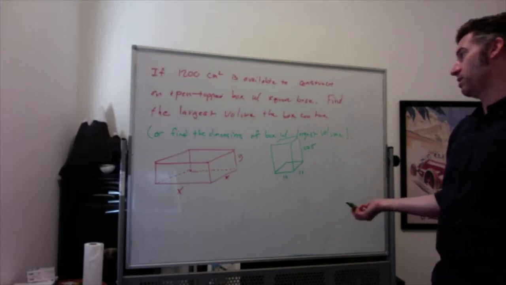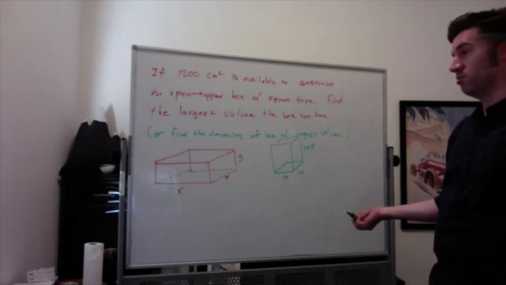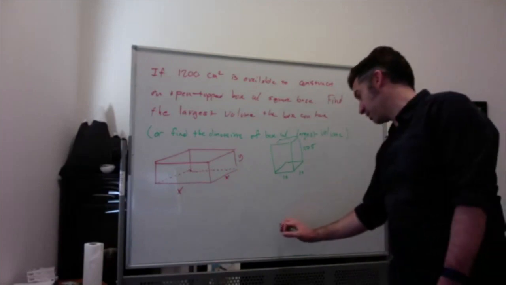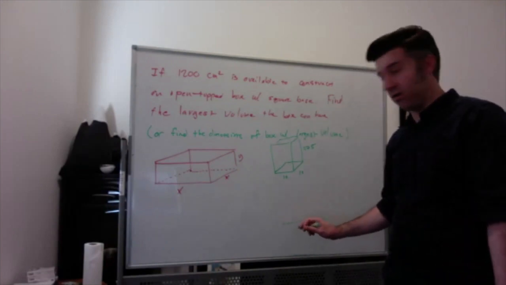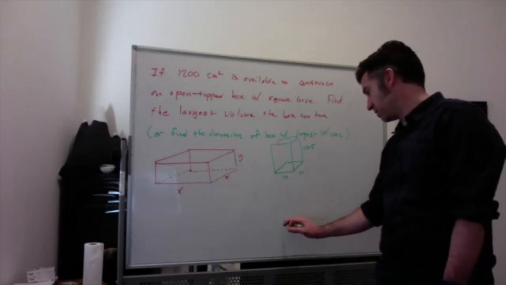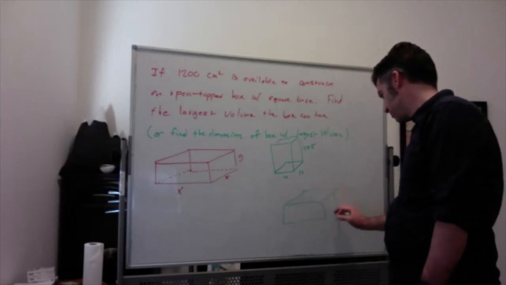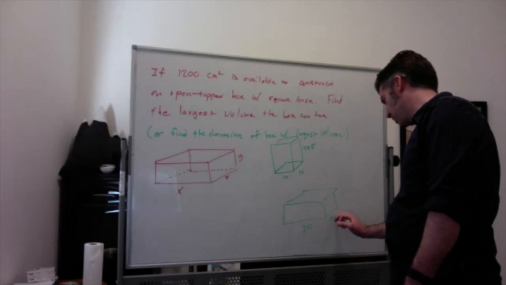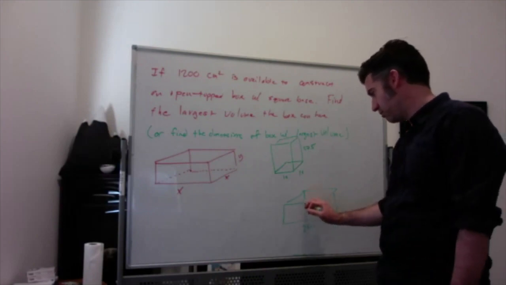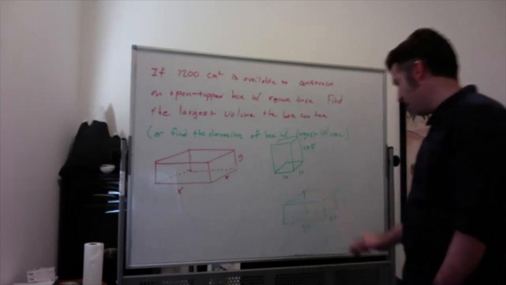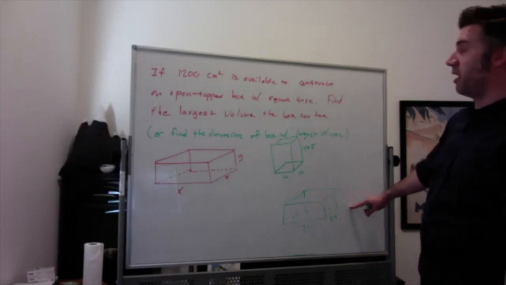Or you can make something that's wider. You can make something that's like 20 by 20, which is 400 on the bottom. And then if it's 400 on the bottom, I've still got 800 left.